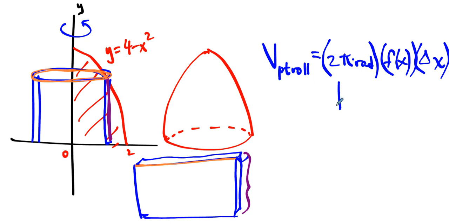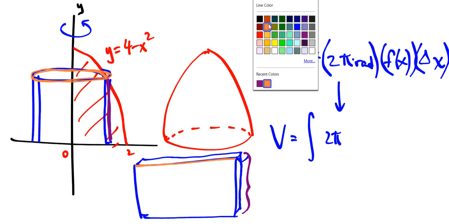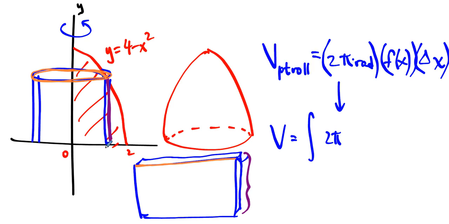And so eventually, the volume we're looking for is the integral of 2 pi times the radius. But what's that radius? That radius is whatever this x value is. And then the height, and delta x becomes dx. From where to where? From 0 to 2.